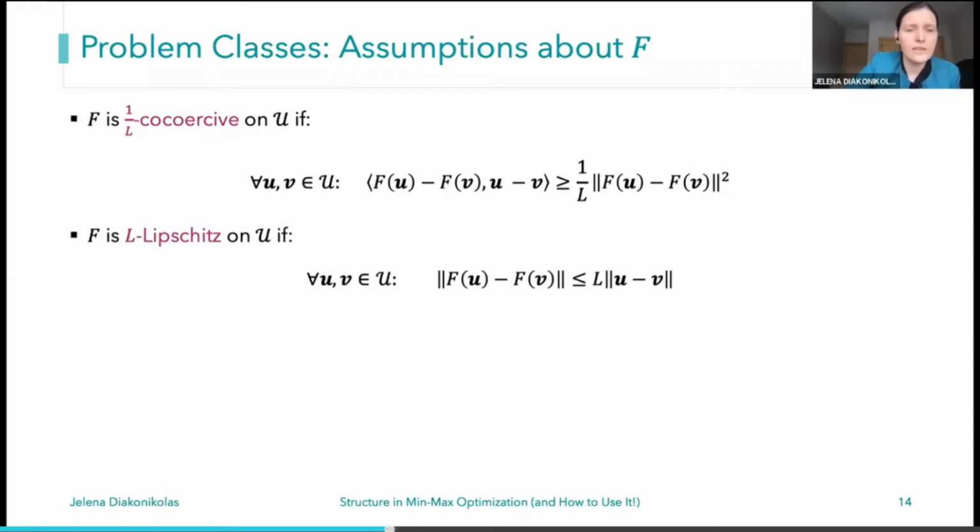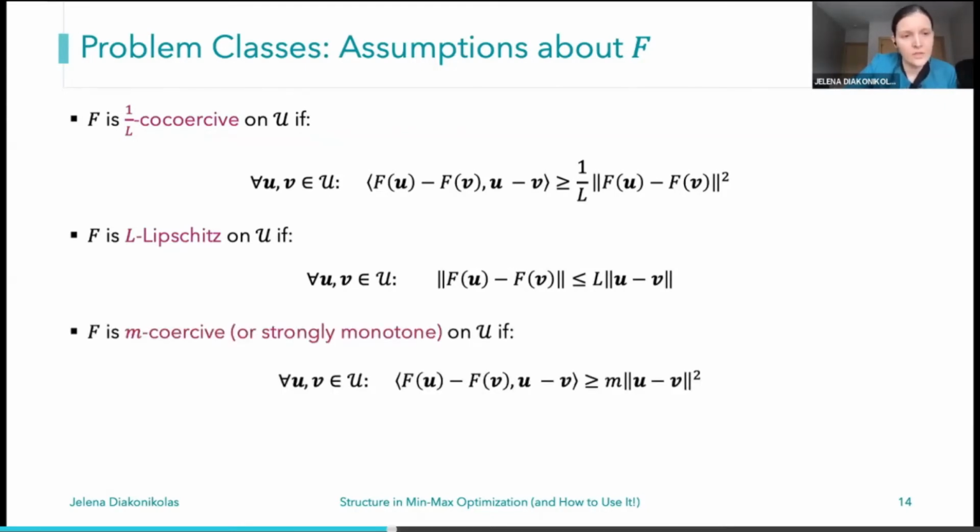Okay, so the second class would be monotone and L-Lipschitz. I assume everyone here knows what L-Lipschitz is. And the third class would be if the operator is L-Lipschitz and M-coercive, or strongly monotone, where now here I have some factor M times the distance between U and V squared.